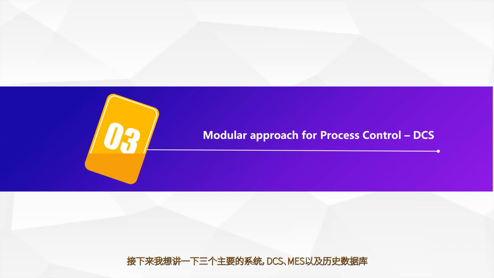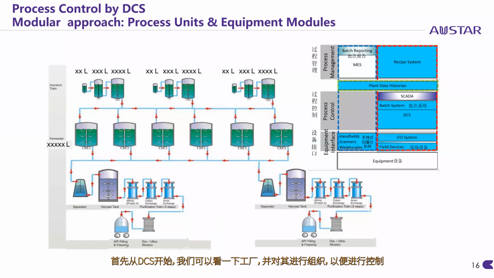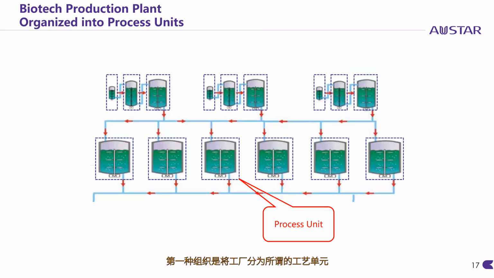Now I would like to go through these three main components, DCS, MES, and historian, and I start with DCS. In DCS, we look at the plant and try to organize it so we can control it. The first type of organization is that we divide the plant into so-called process units.